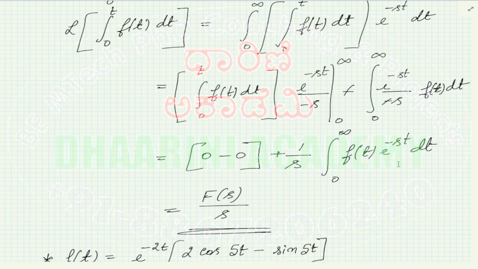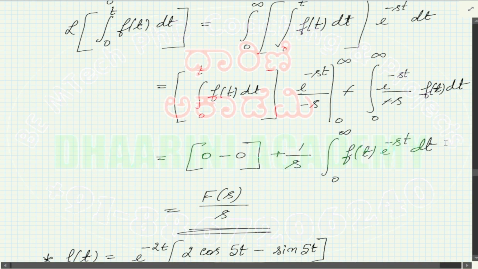So you can apply the first function, keep as it is, integrate the second function, and we get e to the minus st divided by minus s, 0 to infinity, plus 0 to infinity, I'll write that term e to the minus st by minus s, then f of t dt.